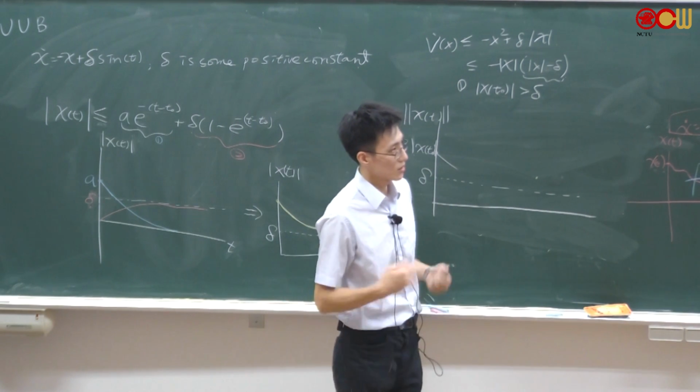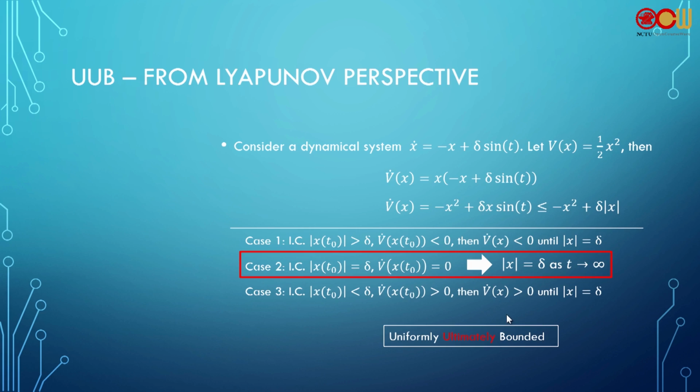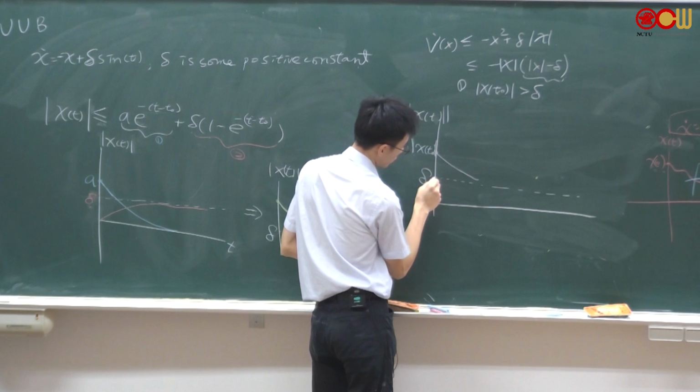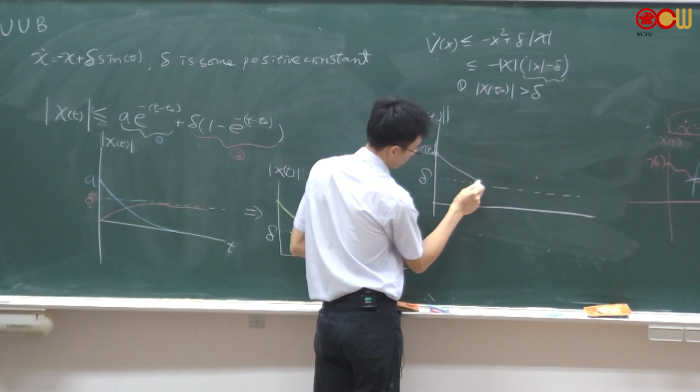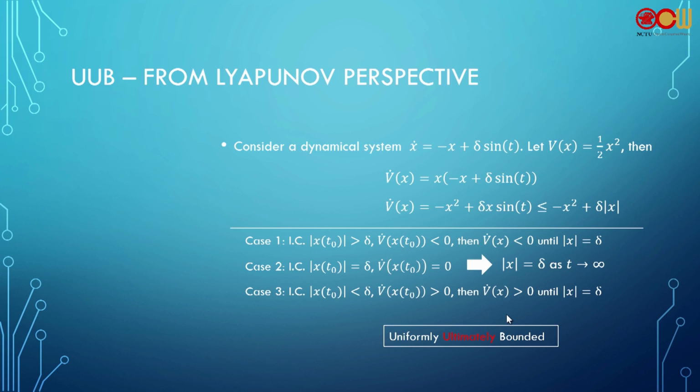And when will it stop decreasing? Only when this equals delta. So it will decrease, stop, and remain constant only when x reaches this delta. So this covers the first and second case.